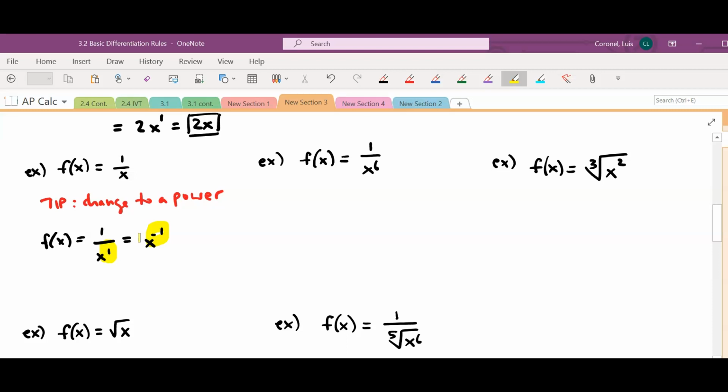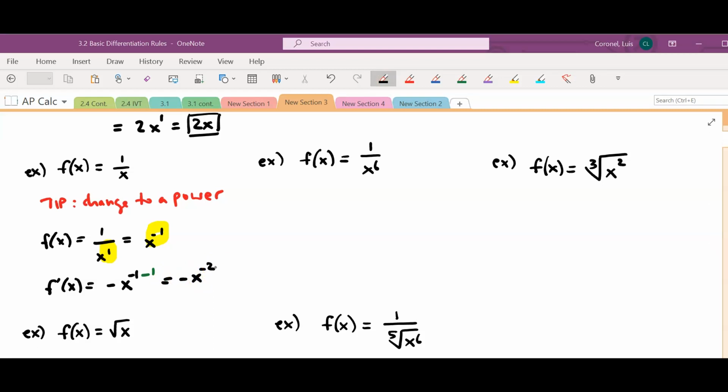Alright, so we got rid of the fraction, now we have a power. Now we can do the derivative. So f prime of x, take the number negative 1, move it to the front, negative 1x, and subtract 1 from the power. I'm going to do that in green. Subtract 1. When you subtract 1 from negative 1, you get negative 2. Now that's our answer, but we could rewrite it, right?